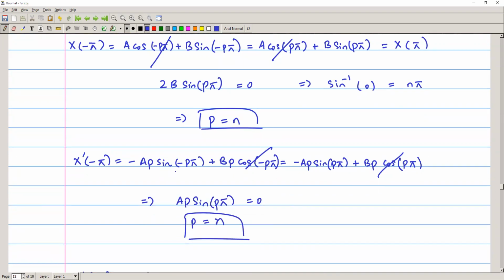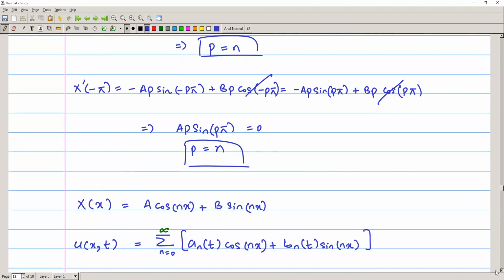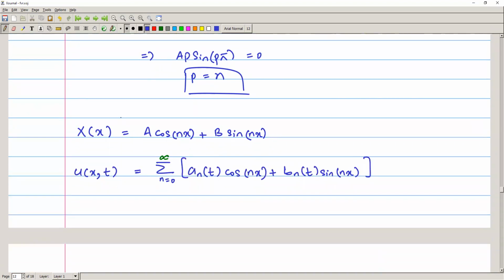Now we apply the second boundary condition, that is X'(-π) = X'(π). Applying the conditions in the equation, we again get ap sin pπ = 0. Therefore, we get p equal to n. Now the eigenfunction in this case is X(x) = a cos nx + b sin nx.